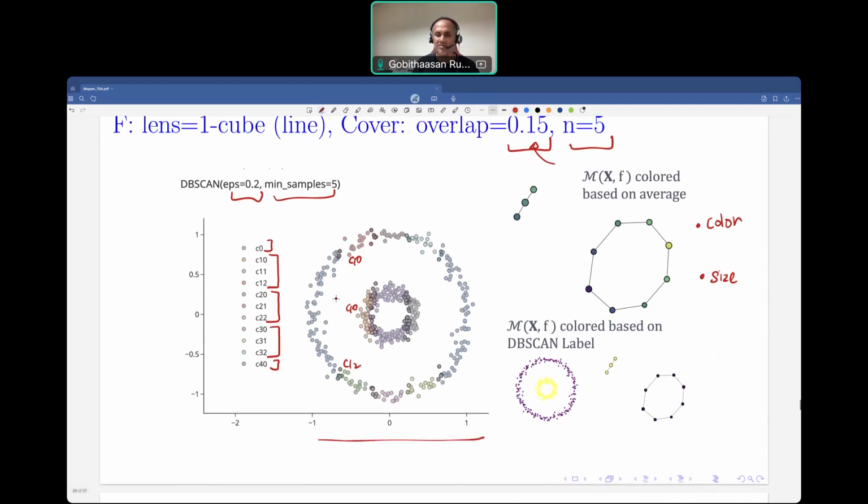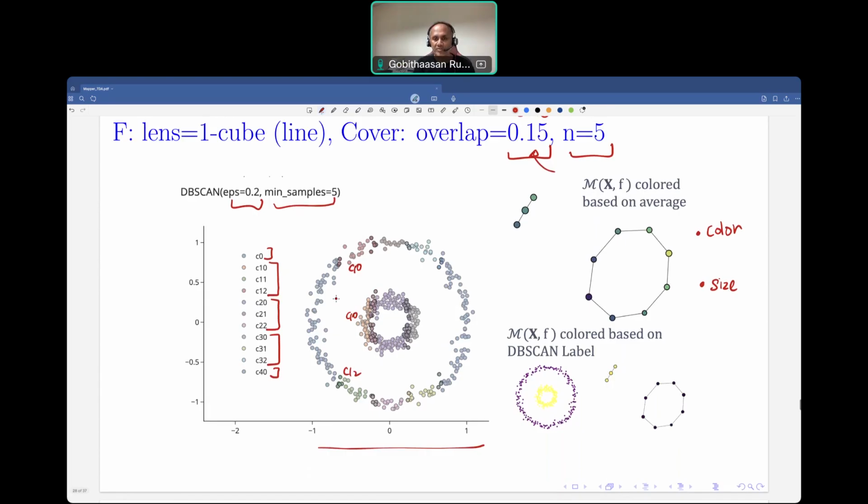When you reduce the epsilon, you will get more clusters, and when you increase the overlap, you're going to get more edges. Now let's see. This is the first data set, with epsilon 0.2 and minimum sample 5.